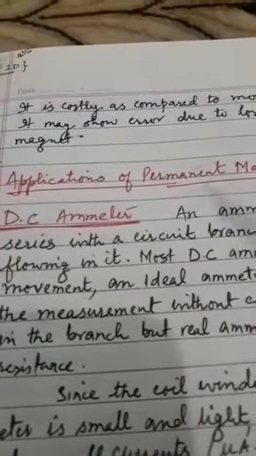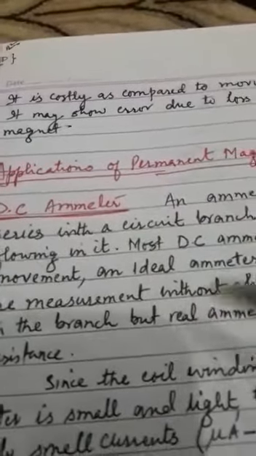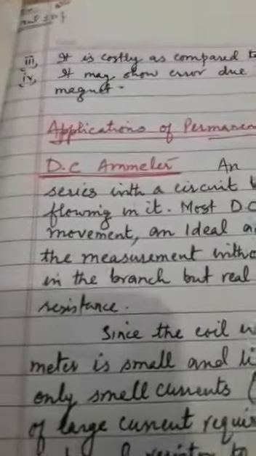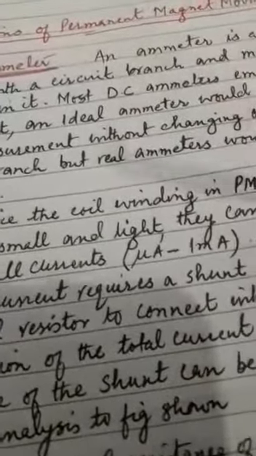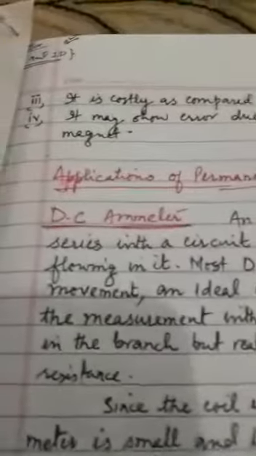Mostly the d'Arsonval moving coil instrument is used for calculating the current through a particular circuit.